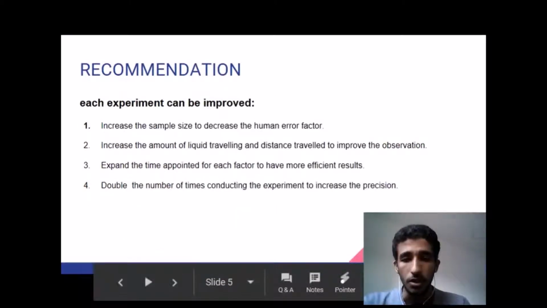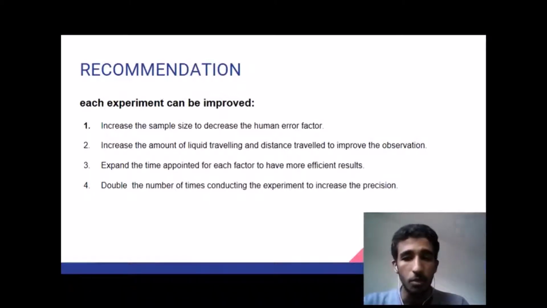For recommendations, every experiment has a potential for failure and mistakes, and likewise a potential for improvement. These are some recommendations that could improve the experiment. It is recommended to increase the sample size in order to decrease the human error factor and enhance the confidence of the results.